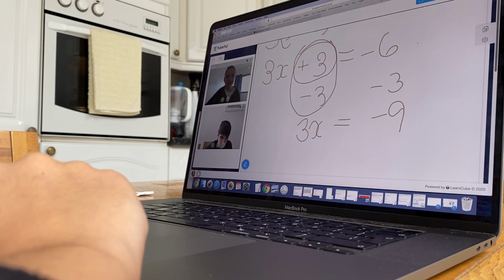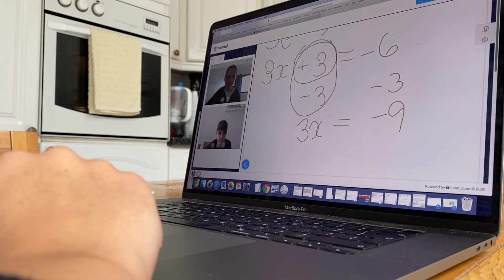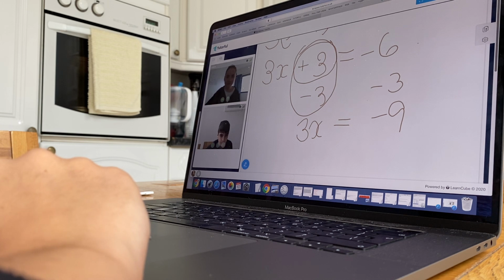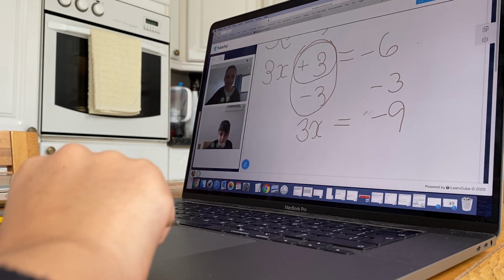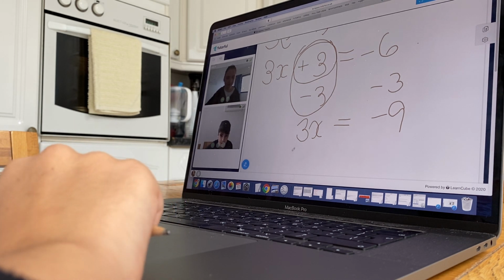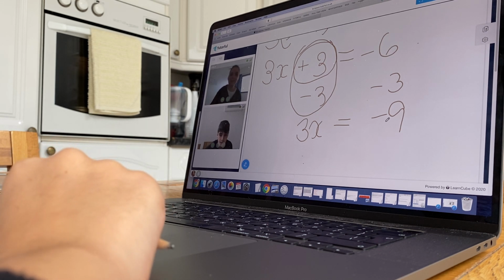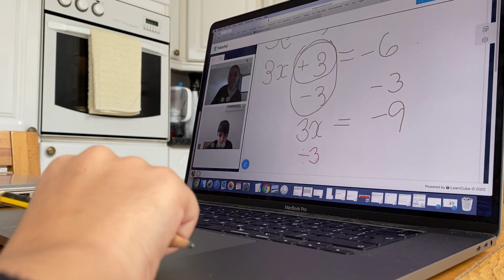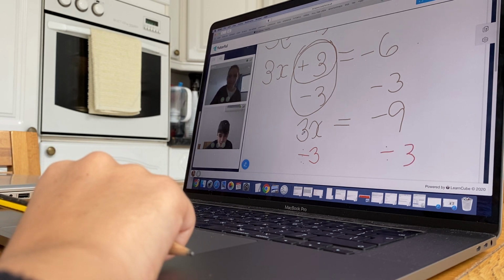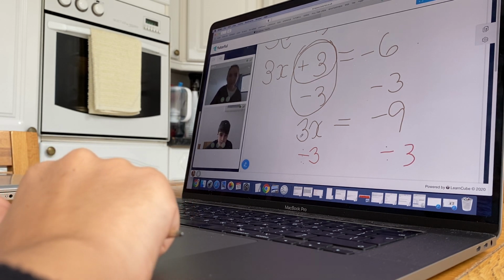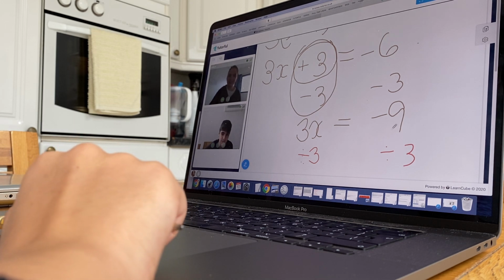Let's think about what we do next. Now we just need to find what x is, so we can divide by 3, dividing both sides by 3. That will become 1x, so the x is still there, and that will become negative 3.